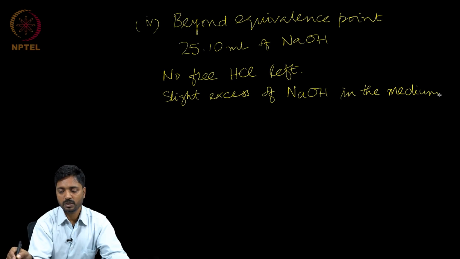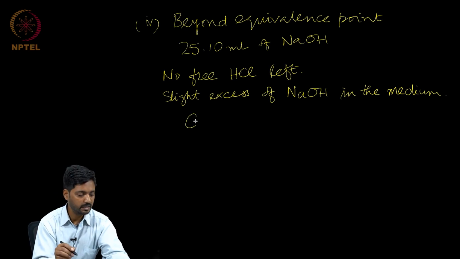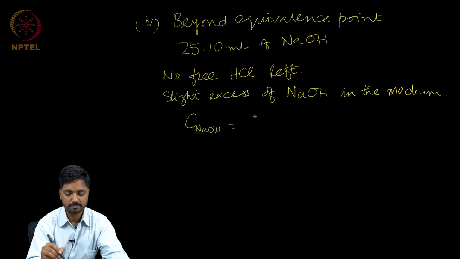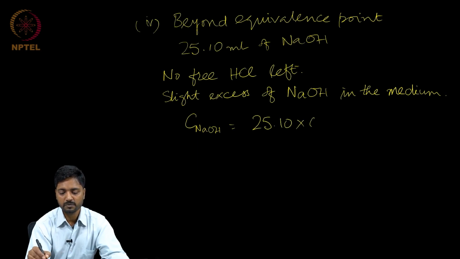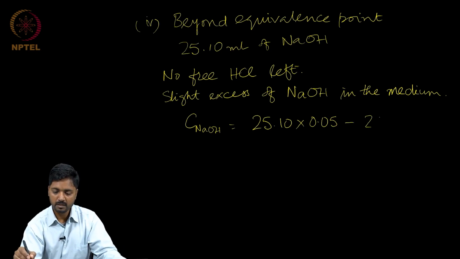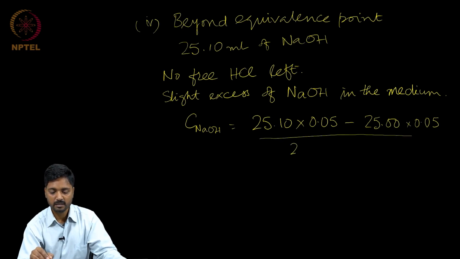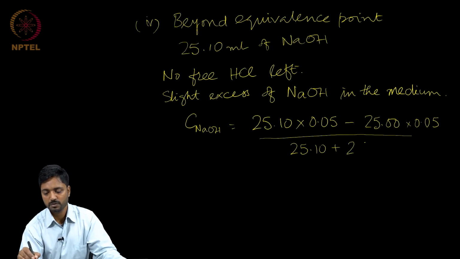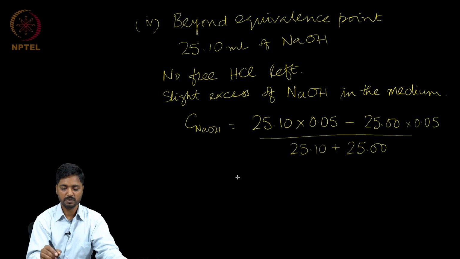And what is the concentration of sodium hydroxide? So, we can calculate the concentration of sodium hydroxide as the total amount of sodium hydroxide that was added minus the initial amount of HCl that was present, this whole divided by the total volume of the medium now, which is 25.10 plus 25.00.